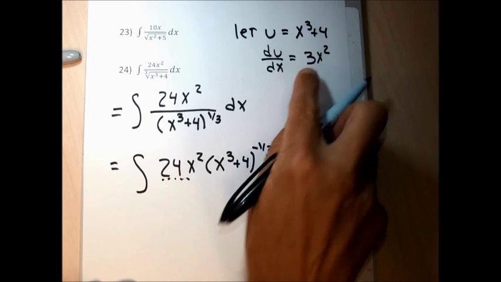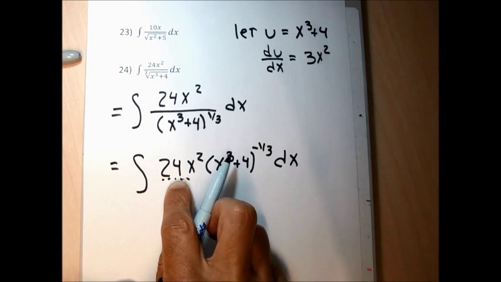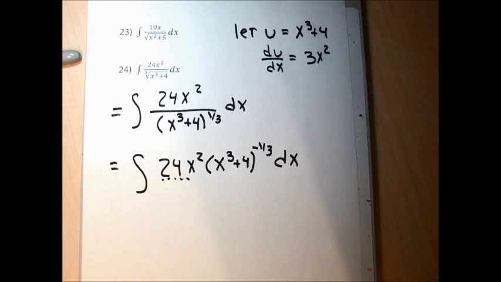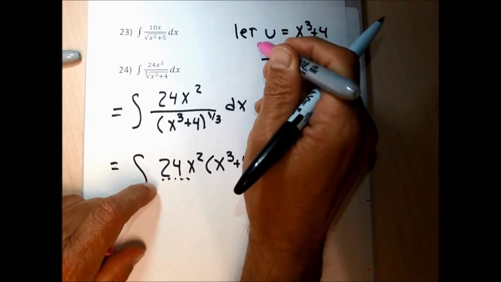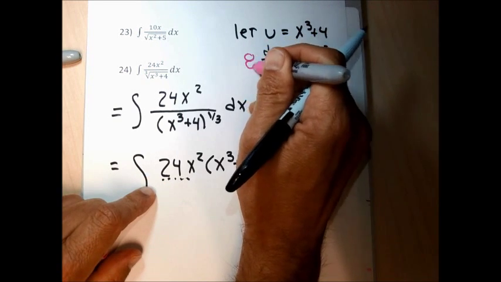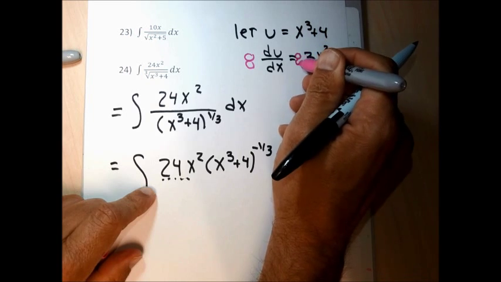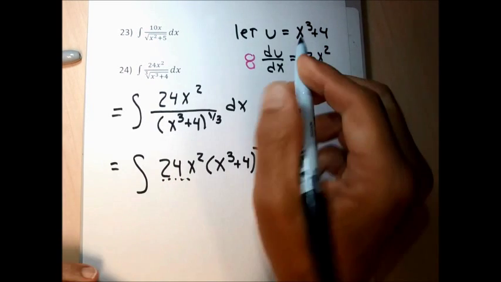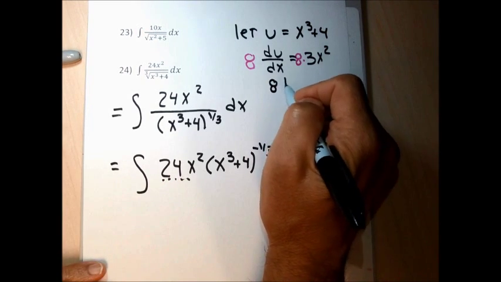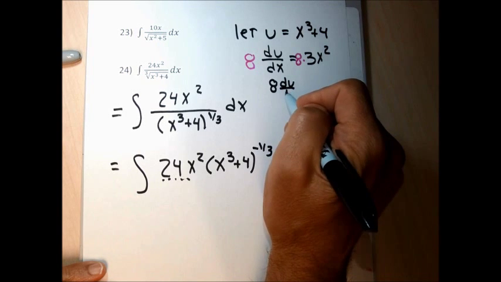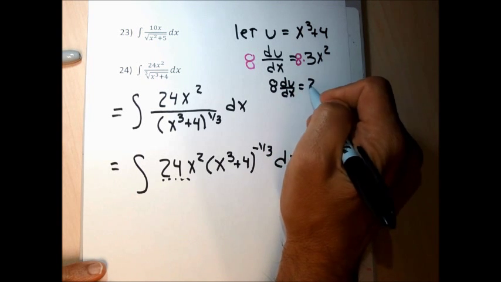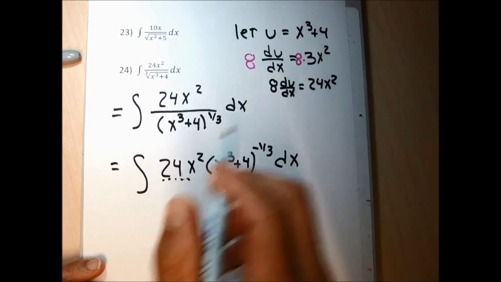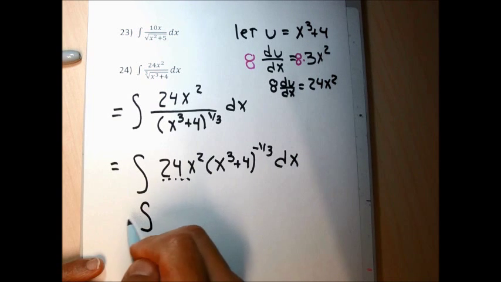I need to turn this 3 into a 24, and to turn a 3 into a 24 you multiply by 8 because 24 divided by 3 is 8. So I'm going to multiply both sides by 8, and when I do this I'm going to get 8 du dx equals 24x squared.